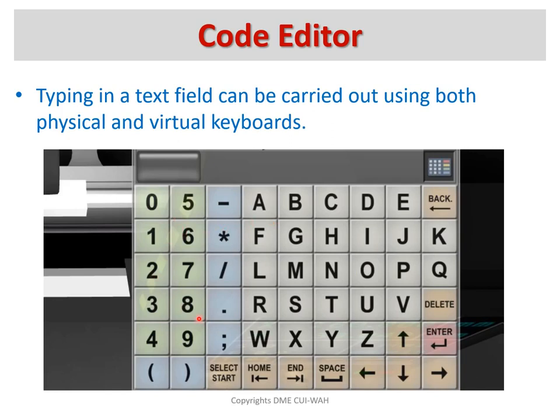Other necessary buttons like enter, delete, and backspace are also present. Brackets are also present. So you can use this virtual keyboard of the CNC simulator, or if you don't want to use this, you can use your own laptop or computer keyboard. It's up to you which keyboard you want to use for your own comfort.